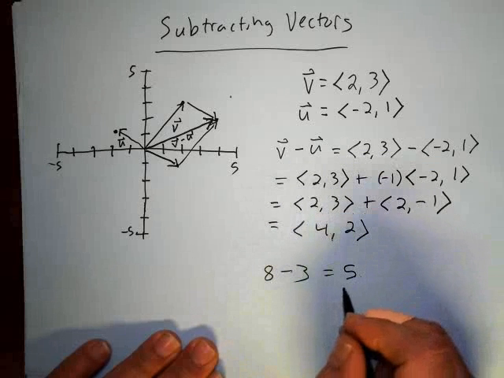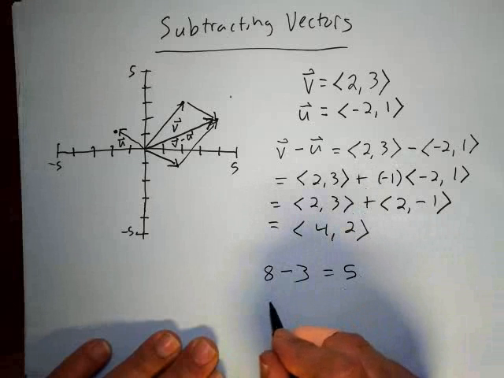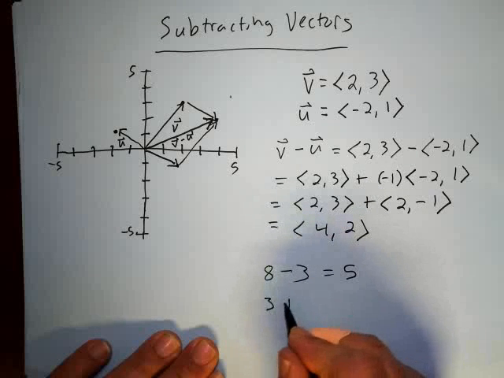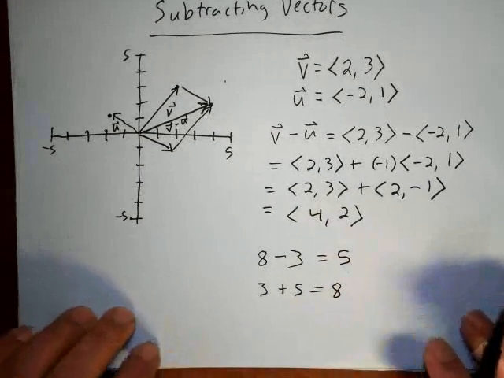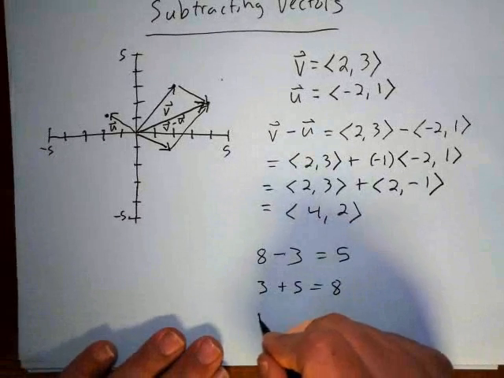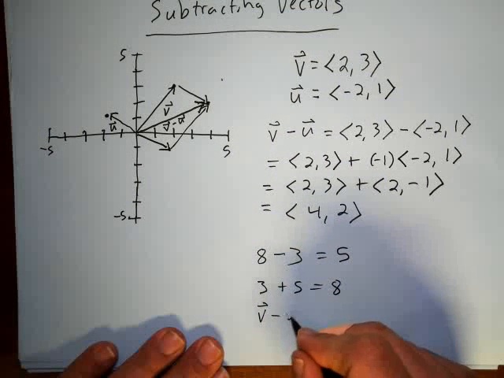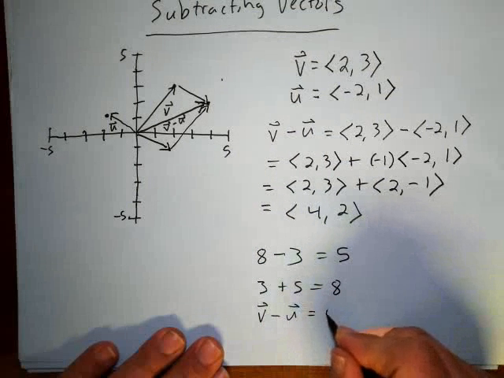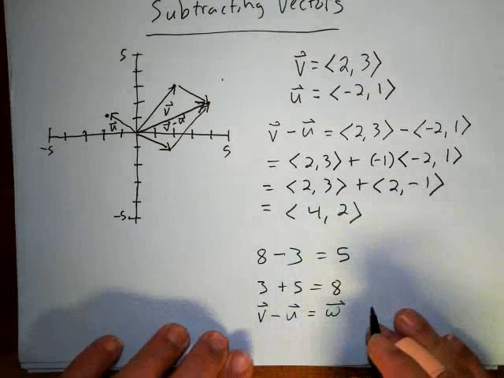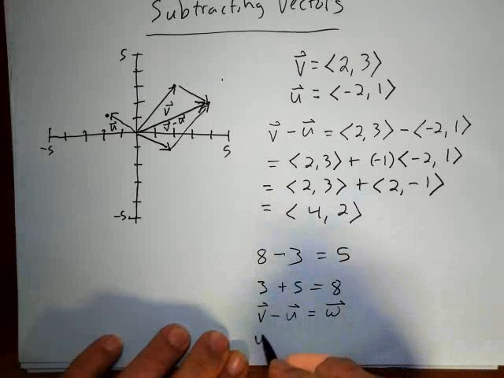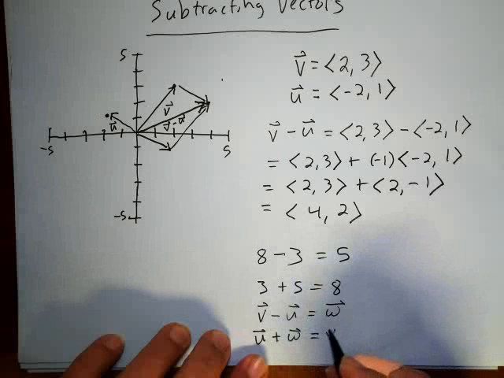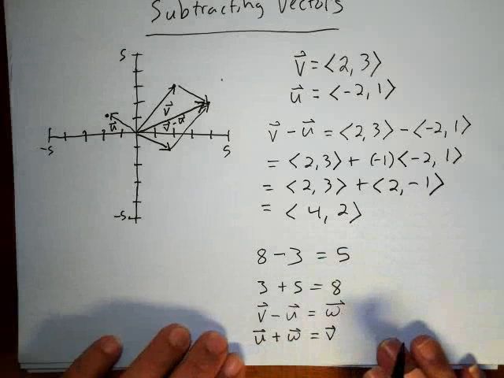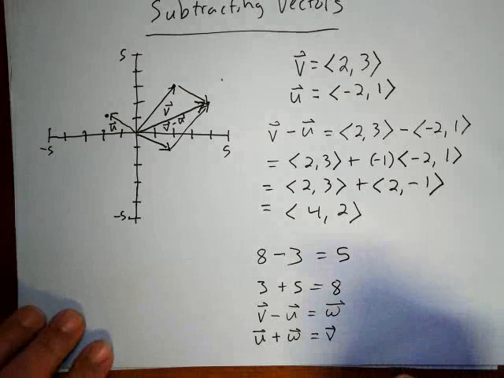So 3 plus 5 is going to give me 8. So if I say v minus u is equal to w, let's say, then what that means is u plus w is going to equal v. Okay, that's what it should mean.